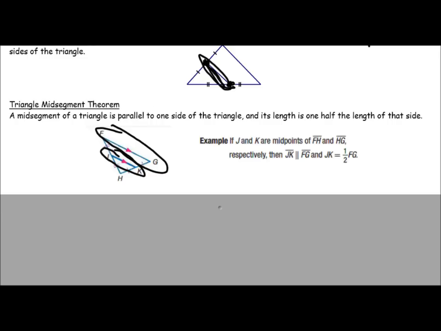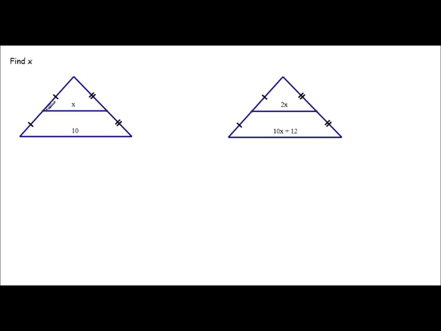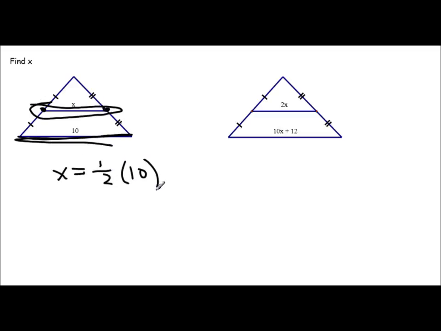So let me show you what I mean down here. So if this is a midsegment, and we know it's a midsegment because it's the midpoint of this side of the triangle and the midpoint of this side of the triangle, the smaller segment, x, is half of the bigger segment, 10.